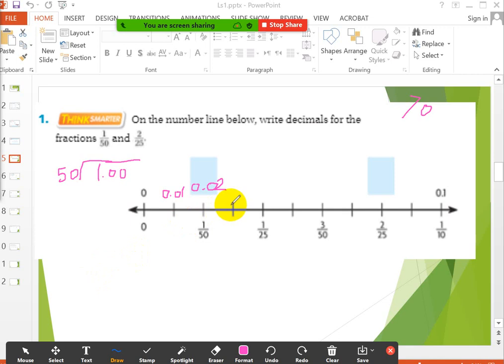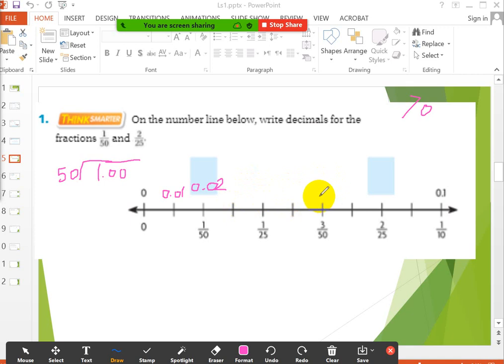I will not write all of it because we only need this fraction, 1 over 50. So 0.01 is 1 hundredth, 0.02 is 2 hundredths. This one will be 0.03, 0.04, 0.05.